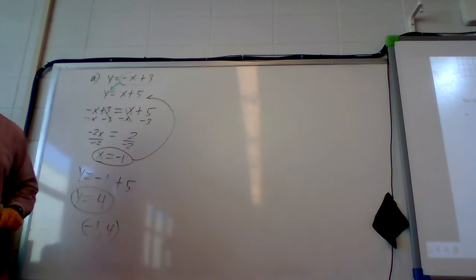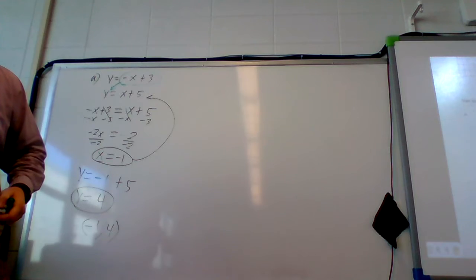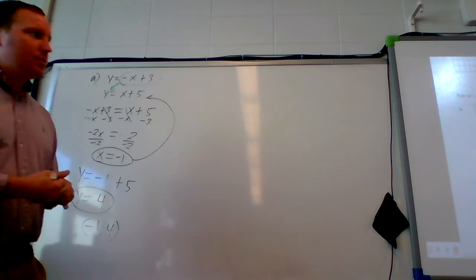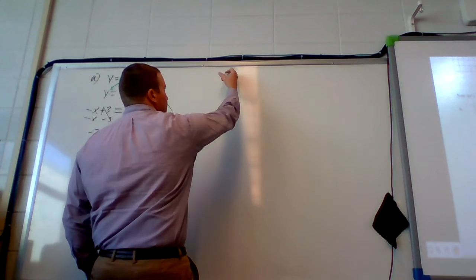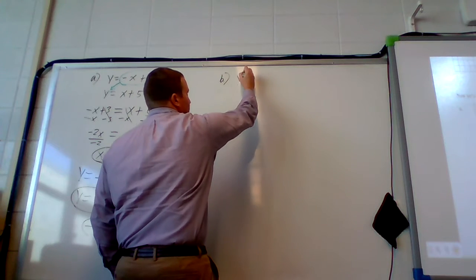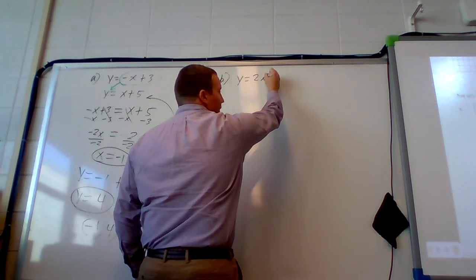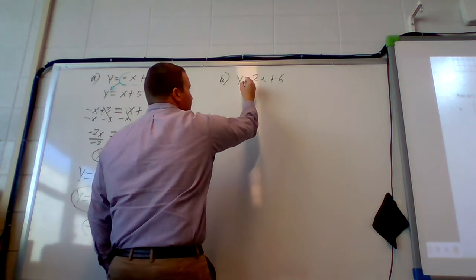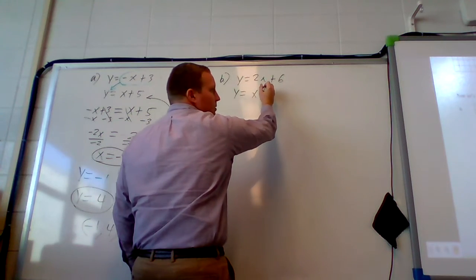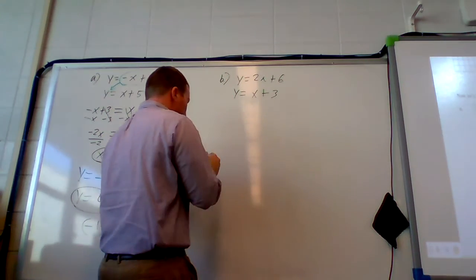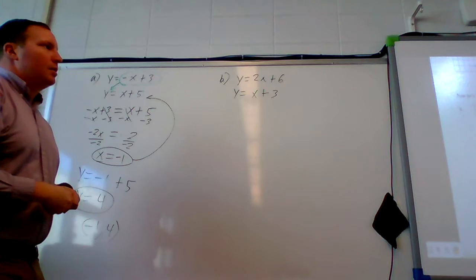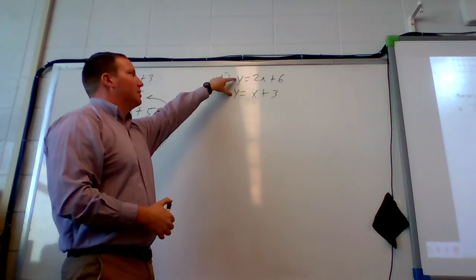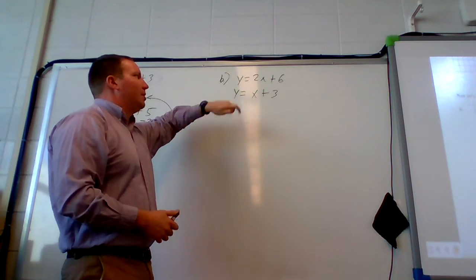Okay? So let's look at B. y equals 2x plus 6, and y equals x plus 3. So again, in this case, I have a y solved for.